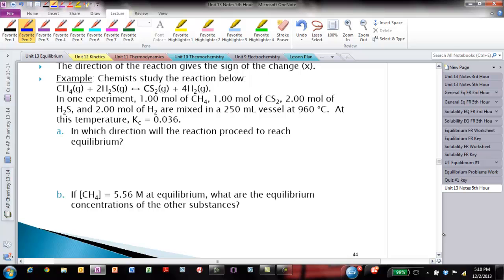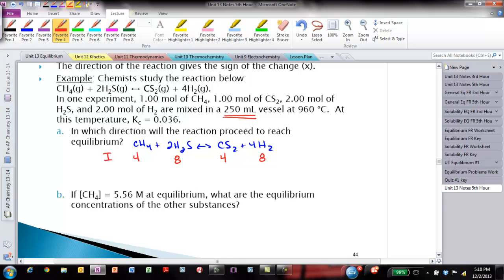So if we wrote out our ICE diagram and gave our initial amounts, we have to do them in molarity, so we're going to have to change these. So we should get 4 molar of that, H2S, 8 molar, CS2 should be 4 molar, and H2 should be 8 molar.